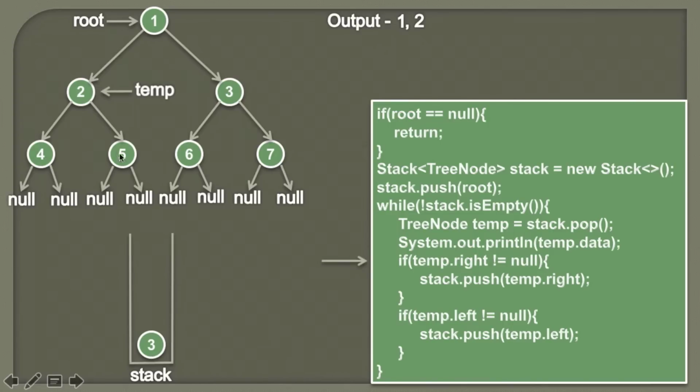So currently temp right is pointing to the node having data as 5, therefore it's not null. Therefore we simply push the node having data as 5 on the stack. And then we'll check whether temp left is equal to null or not. So here you can see temp left is pointing to the node having data as 4. Therefore we'll push the node 4 on the stack.